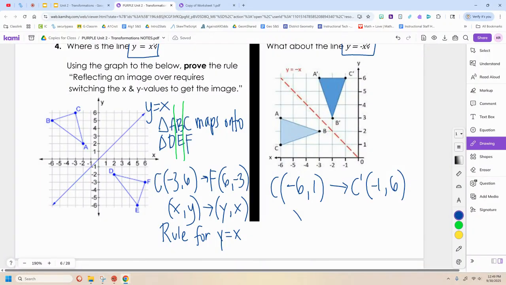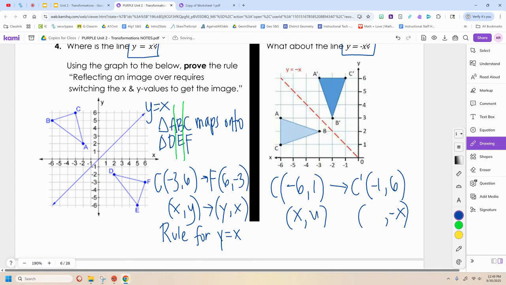So what happened to the X? It went into the Y position, but it changed signs. So X became -X at the end.